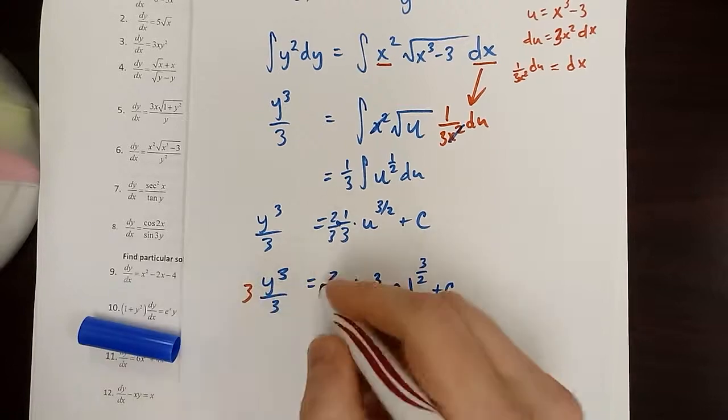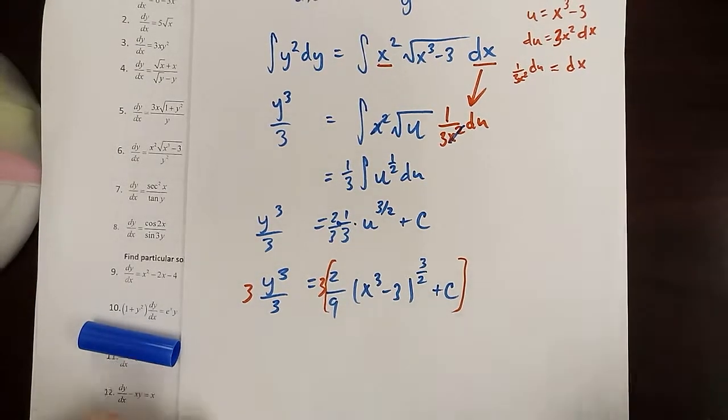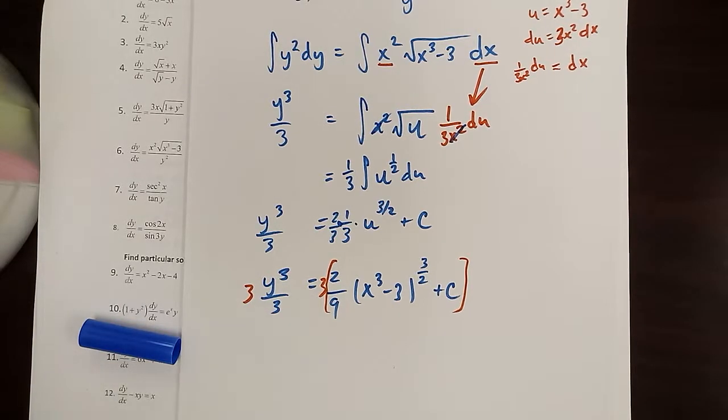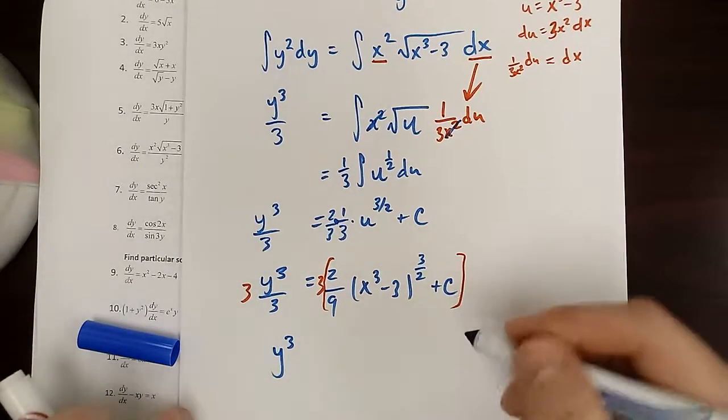So multiply both sides by 3. In doing so, there's a few ways we could write this. I'm going to leave it kind of messy first and then make it nicer. So we get y cubed, because I want to be the most helpful with my explanations here.